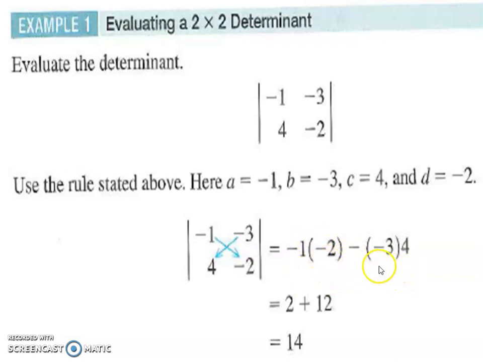Here I put minus 2 and here I put the minus 3 in a bracket. How do we derive? Minus 1 into minus 2 is obviously 2. Minus minus 3 is plus 3, so 3 into 4 is plus 12. 12 plus 2 gives the value 14. Here we can apply the general terms A, B, C and D substitution, or you can directly solve by minus 1 into minus 2 and minus 3 into 4.